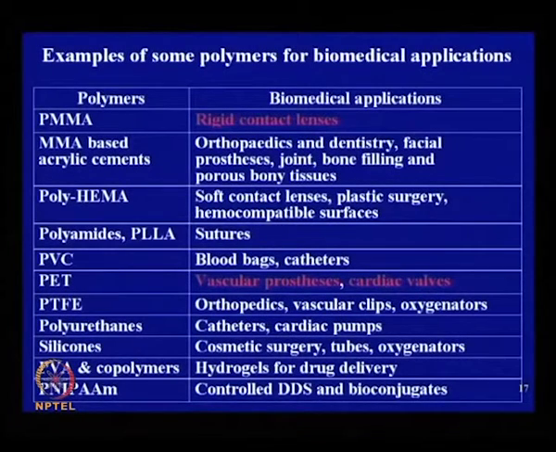Okay. Catheters, you have seen catheters, flexible tubes, soft tubes, transparent tubes, IV system, those are made of PVC. Okay. Vascular prosthesis you see, say mesh or nets or fabrics made of polyethylene terephthalate fiber.